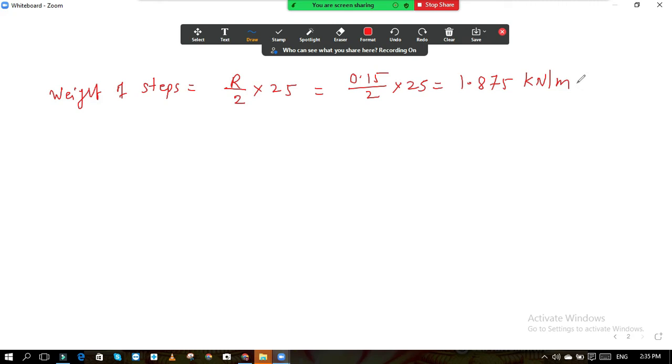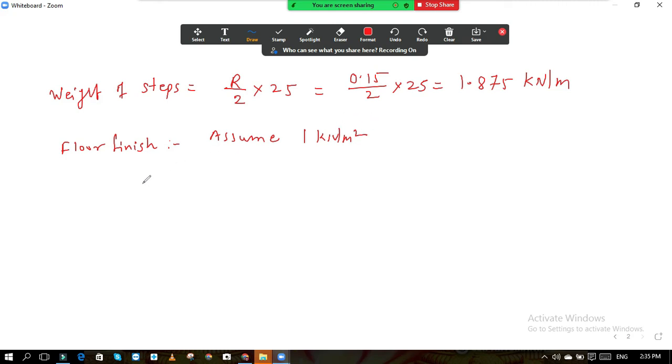Then floor finish. Assume floor finish as 1 kilonewton per meter square.